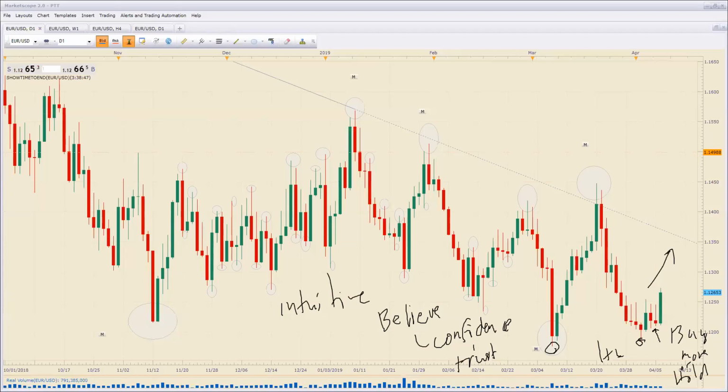If the emotion of fear is too strong, then the person will definitely close it, especially if he or she is experiencing anxiety: I don't know, I'm going to get out. However, if the level of fear is medium, then what will that person do? Reduce the position size. They're aware, okay, rather than 10%, I'm only willing to risk now 5%.